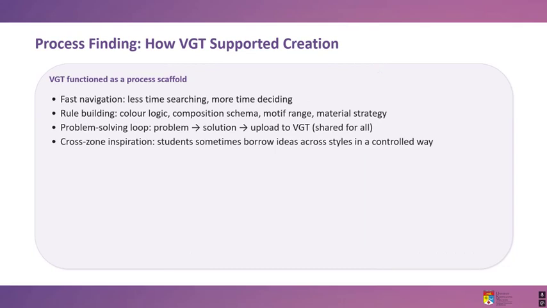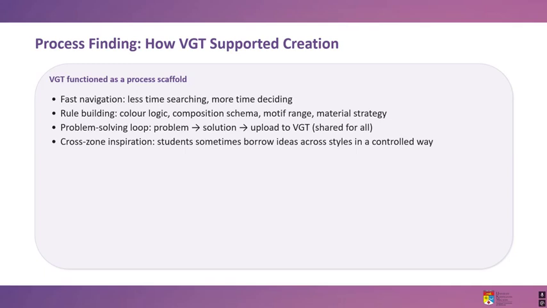In cycle 2, VGT was not just a place to look at pictures. It works more like a process tool. First, it reduced search time. Students could find good reference faster and spend more time on making decisions. Second, it helps students build serial rules, for example color logic, composition, pattern, motif range, and material strategy.